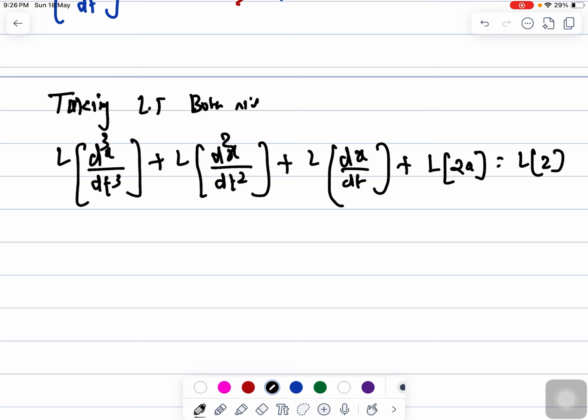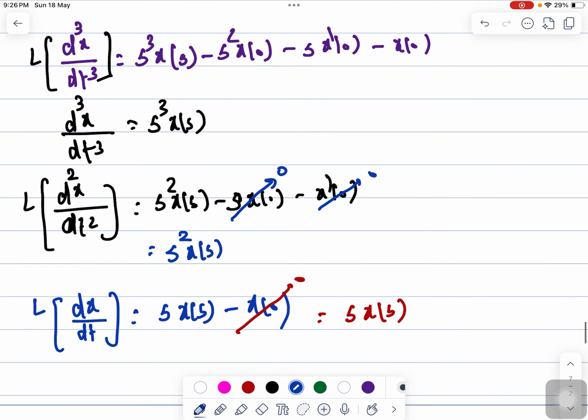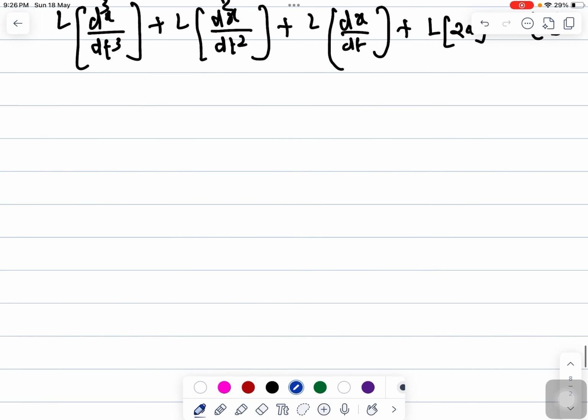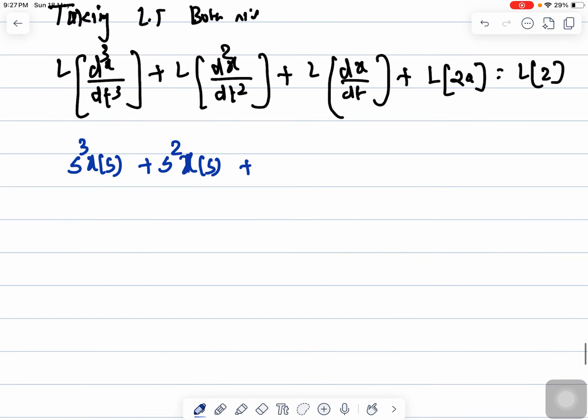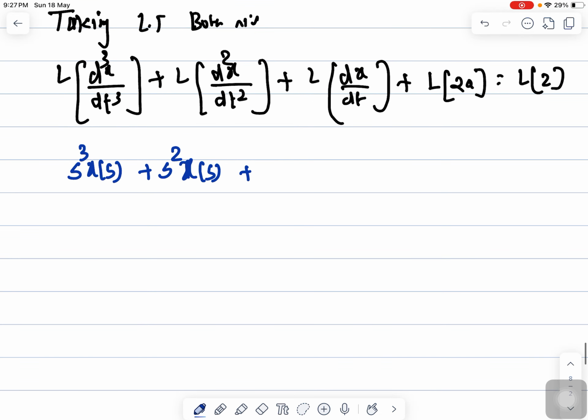Once we substitute these values, we are left with s cube X(s) plus s square X(s) plus 5 s X(s) plus 2 X(s), that equals Laplace of 2, which is 2 by s.